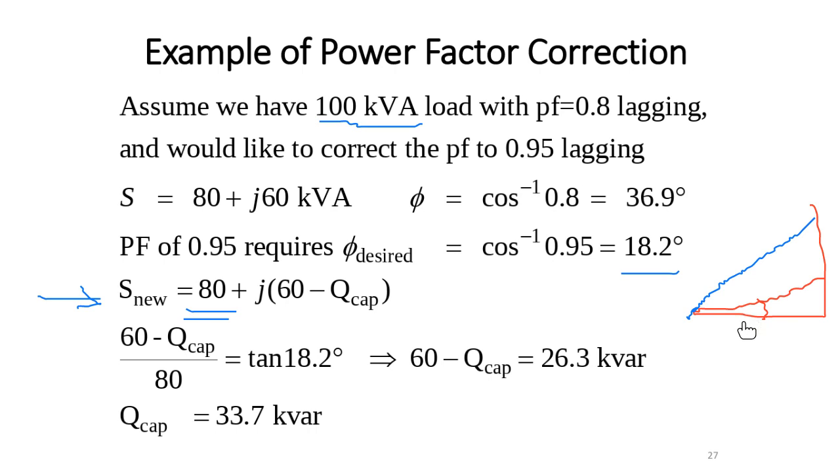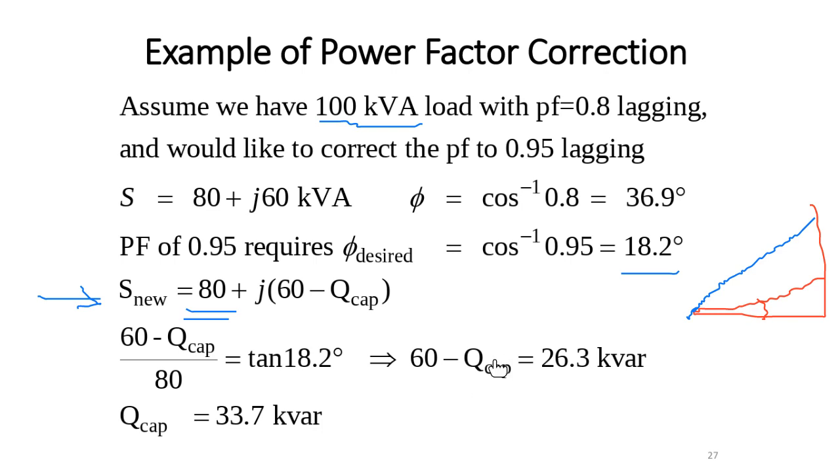All right. So 80 plus j60 minus the capacitor. This comes from the capacitor reactive power. So how much capacitor do we need? 60 minus the capacitor will give you 26.3 kilovar at 18.2 degrees. So 26.3 kilovar is 60 minus Q cap.